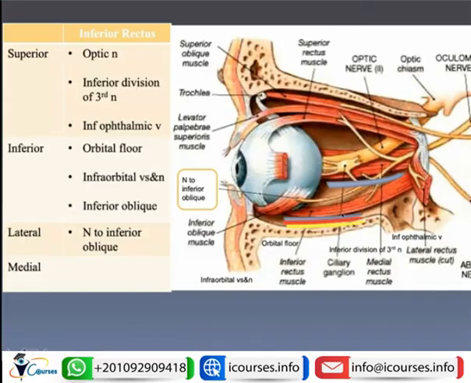What are the relations of the inferior rectus? So what is above the inferior rectus? It will be the optic nerve, the inferior division of the oculomotor nerve, and the inferior ophthalmic vein. So what is inferior to the inferior rectus? There will be the orbital floor, the infraorbital vessels and nerves, and the nerve to inferior oblique.